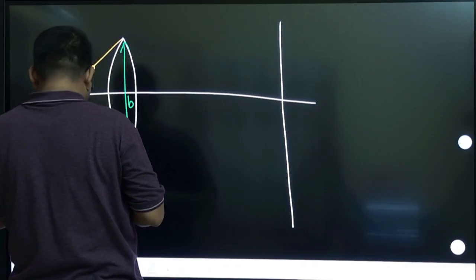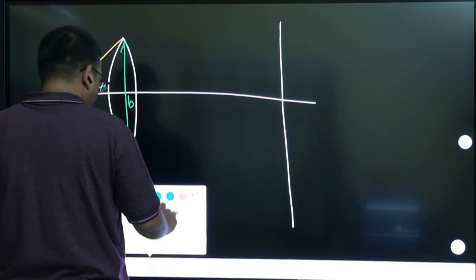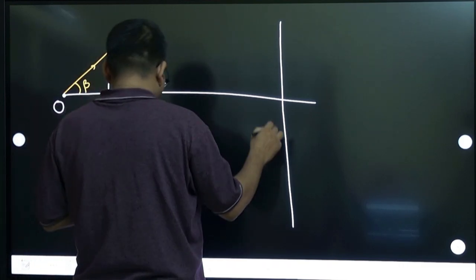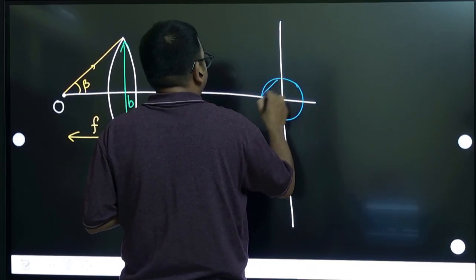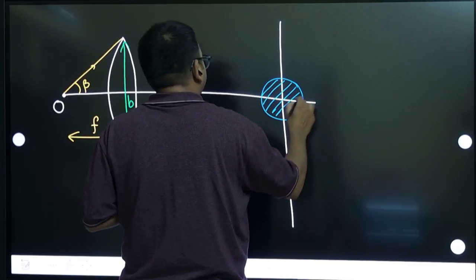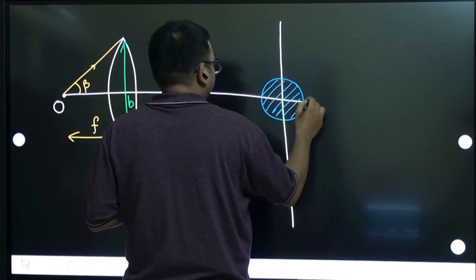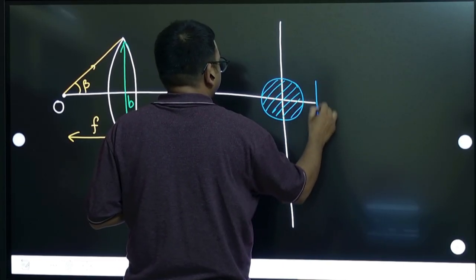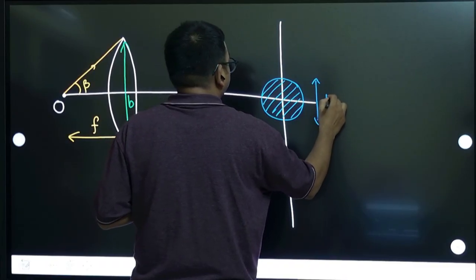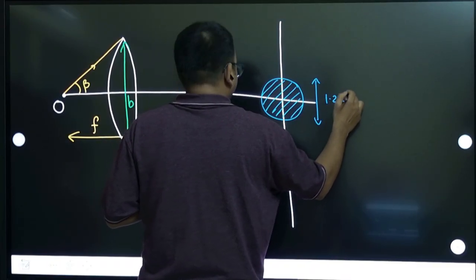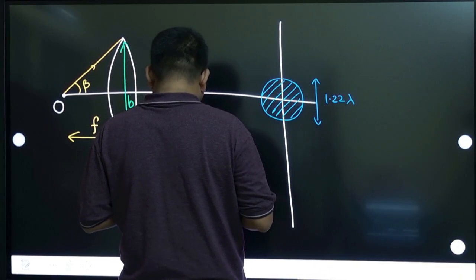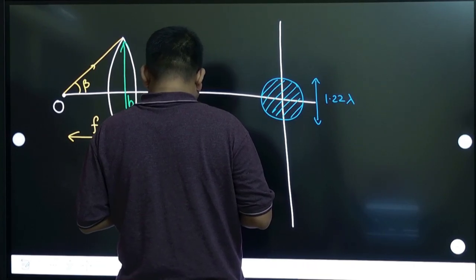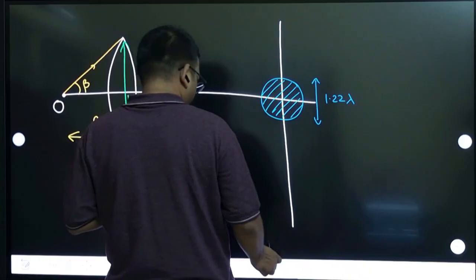Then the same way we discussed, a bright spot will be forming. This is the bright spot, and the radius of the bright spot is 1.22 lambda d by a, so the diameter is 2 times that. So how do we calculate that?